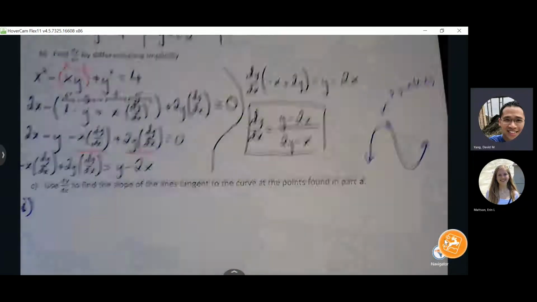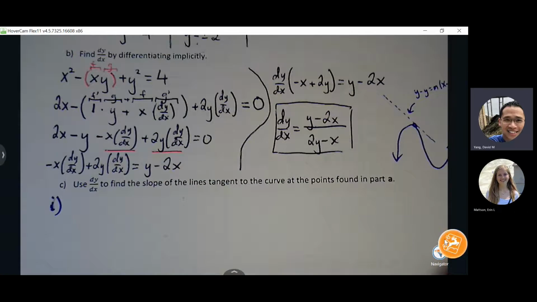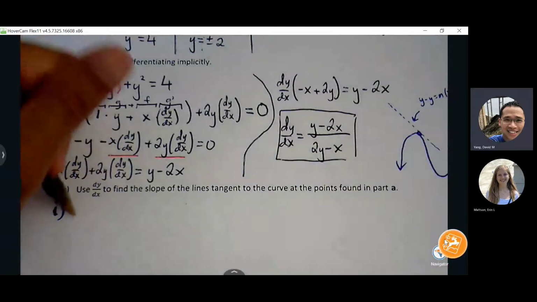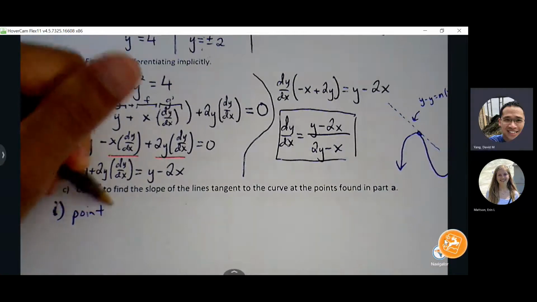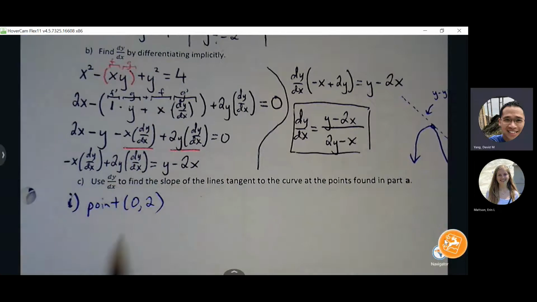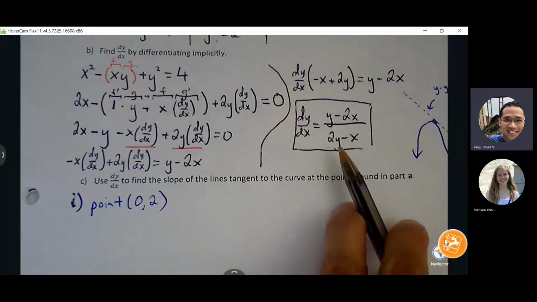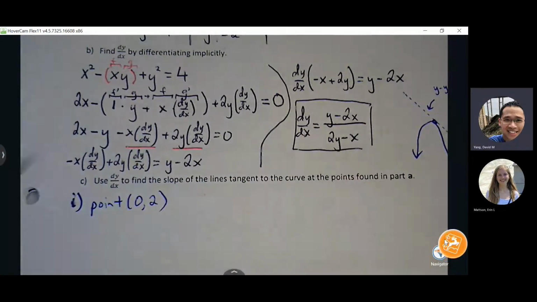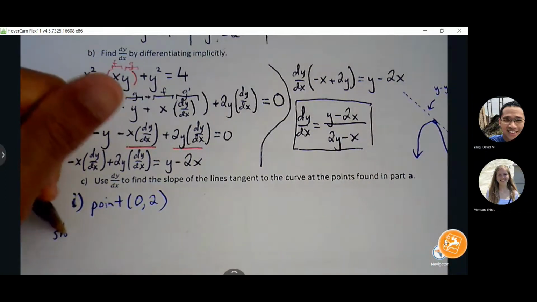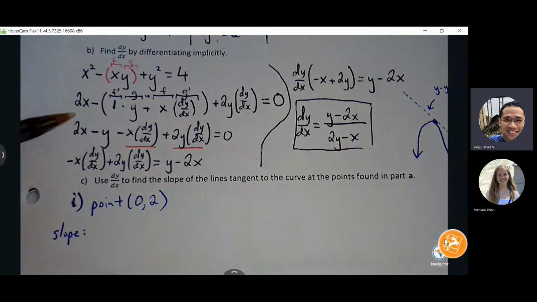Okay, so part C here. I'm going to take one point at a time. First point, I'll choose (0, 2). If I have a point, I can use that point to find my slope. So here's my slope. Now the notation for slope is usually f prime of 0 or something like that.